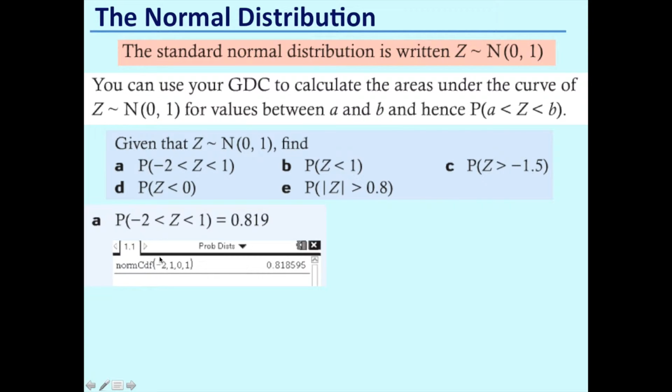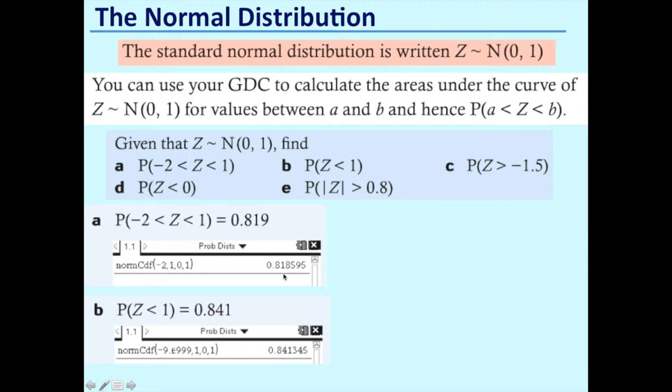Our lower bound is -2, our upper bound is 1, our mean is 0, and our standard deviation is 1. Just type that in and that function will calculate the probability that z is between -2 and 1, which is 0.819.